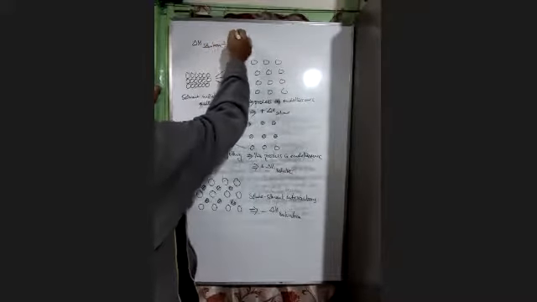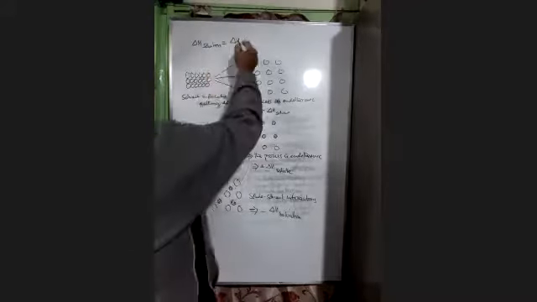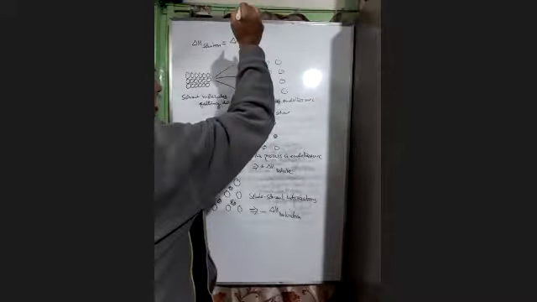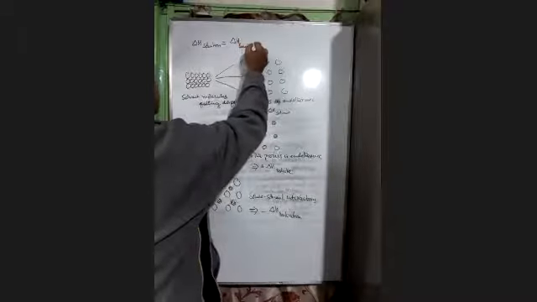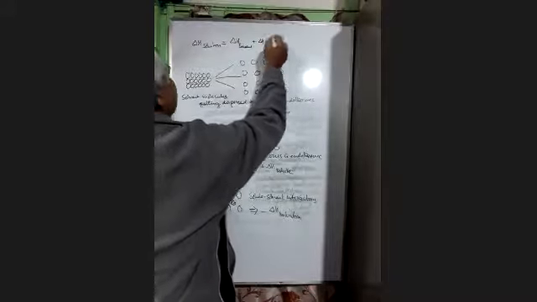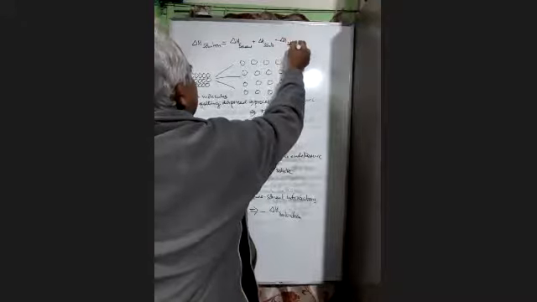Delta H solution is sum of delta H solute, plus delta H solvent, plus, see if I write here minus delta H solvation. Okay, right. Finish it, right.